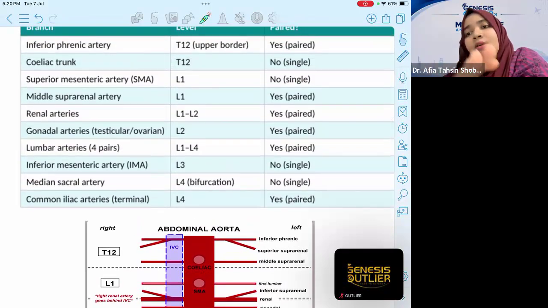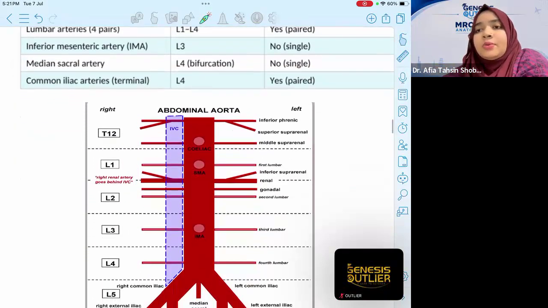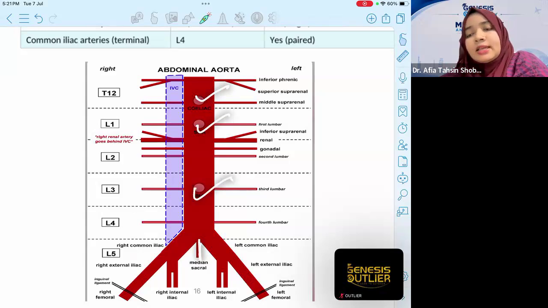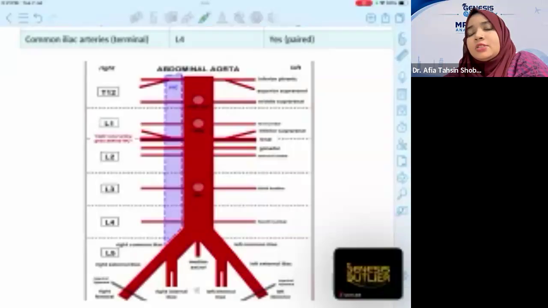All other branches are paired. So mostly in exam they are asking about the single branches. So we are getting here 4 single branches. Celiac trunk, I want to mark it in image so that it is easy for you. Celiac trunk, superior mesenteric artery, inferior mesenteric artery, and median sacral artery, and others are paired branches.